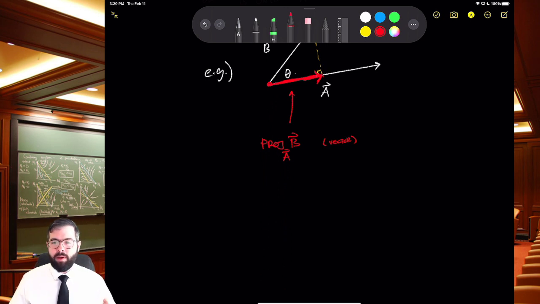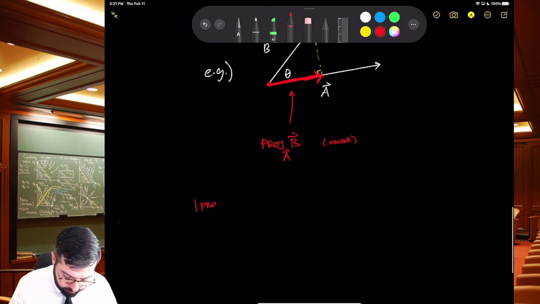So what do we know about this projection and why do we care about it? I'll tell you that in a second. What do we know about this projection? Well, it has the magnitude which is the magnitude of B cos theta.